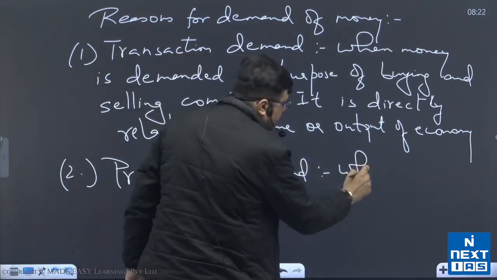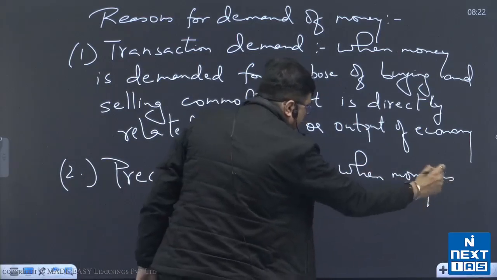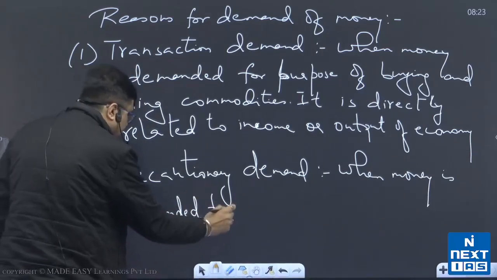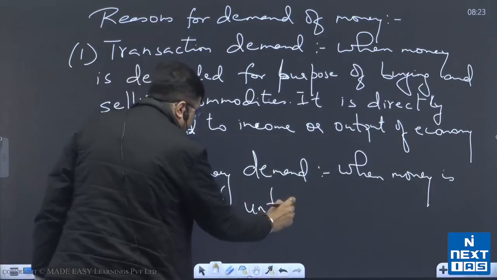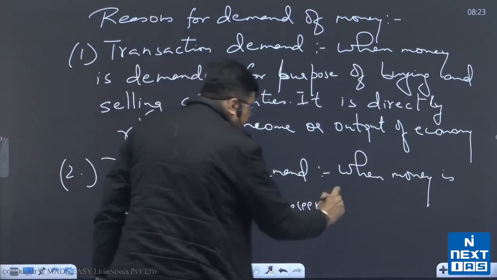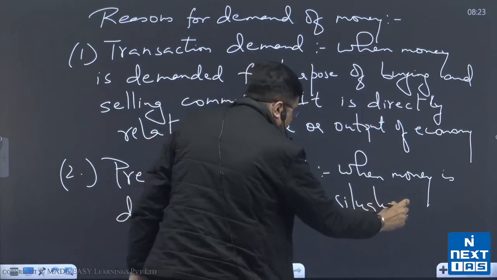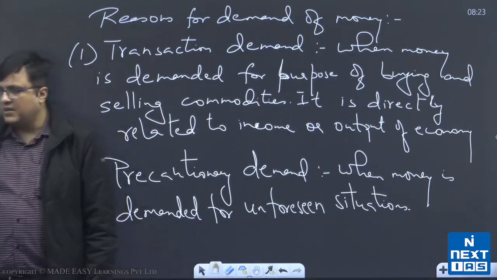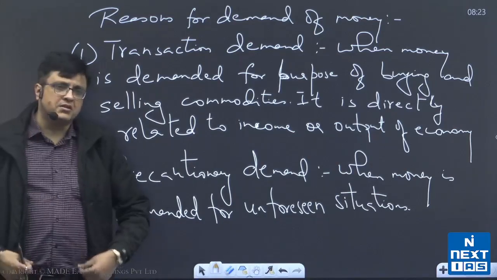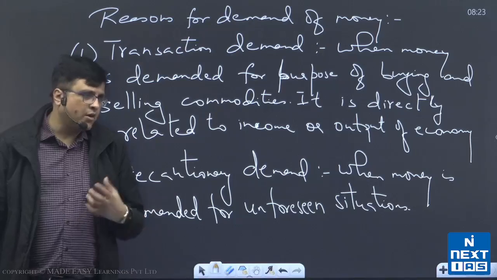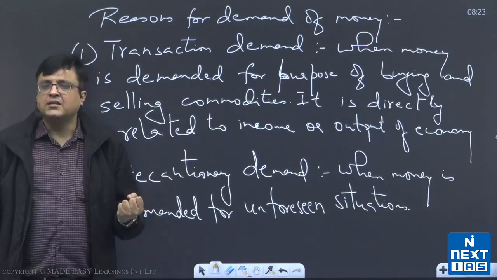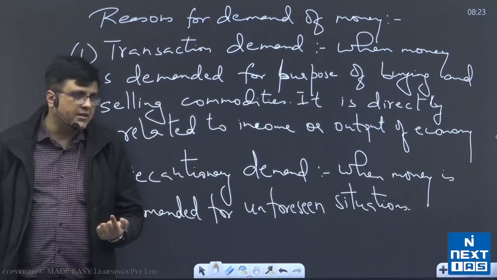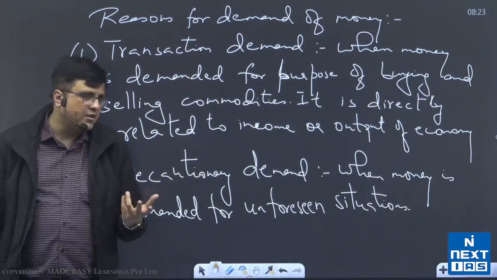This is when money is demanded for unforeseen situations, like say a COVID pandemic or a war or an earthquake. So you keep money in hand so that if I have an unforeseen situation, I should have enough money to meet those unforeseen situations. All right, that is called precautionary demand for money.